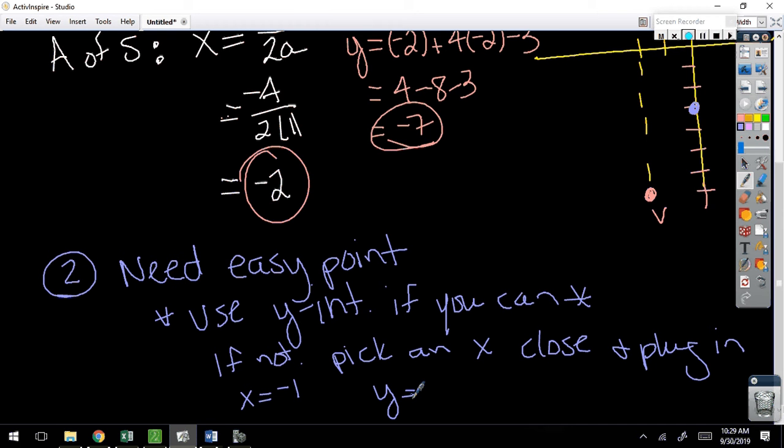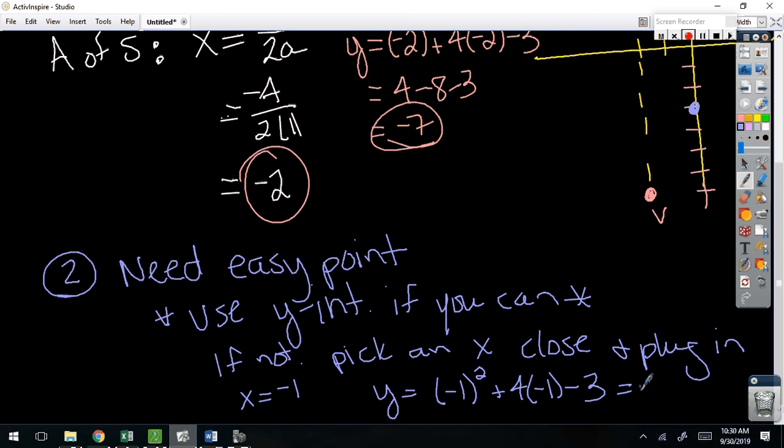So when I plug this in, I get -1 squared plus 4 times -1 minus 3. And what does that give you? 1 minus 4 minus 3? Yeah, -6.